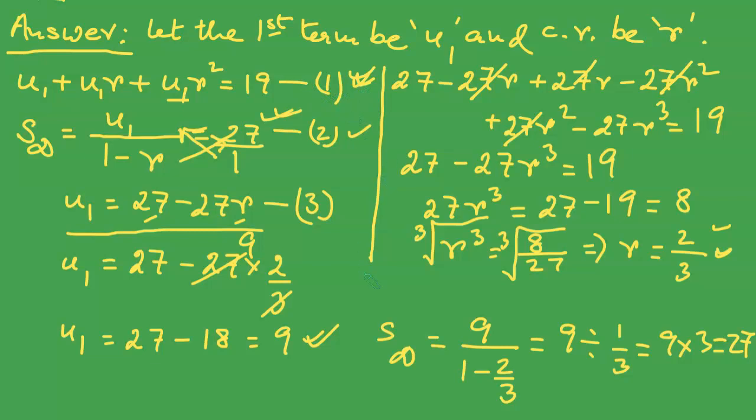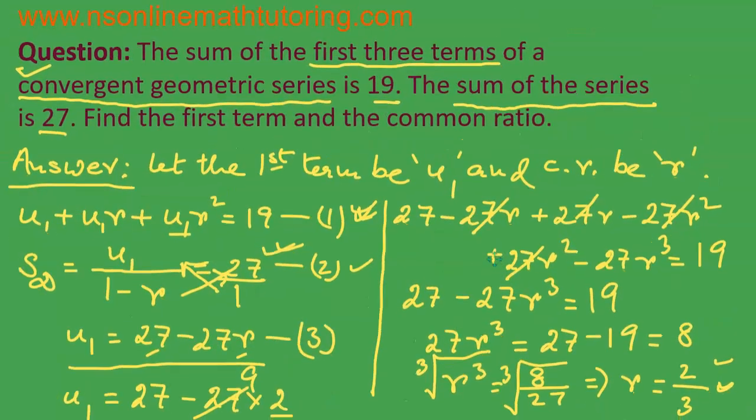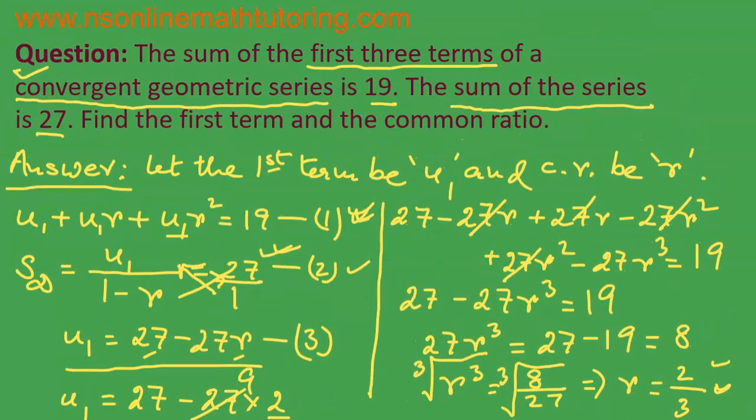Okay. So this is our answer. The first term is 9 and the common ratio is 2 over 3. So let us write the answer. First term is equal to 9 and common ratio is equal to 2 over 3.